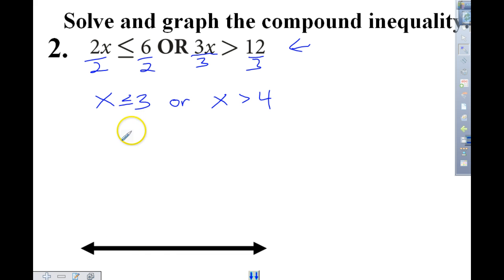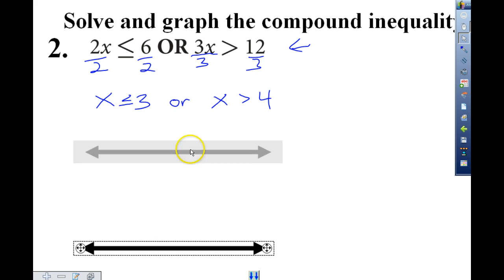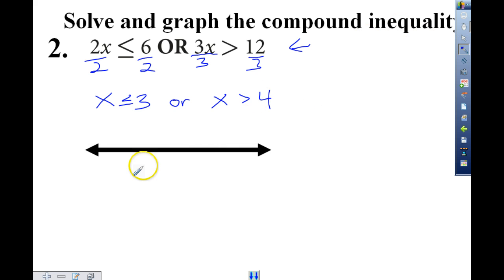All right, so we have an open circle and a closed circle. Since 3 is smaller, it's going to be on the left. That's closed. And over here, this one's open. 3, 4.